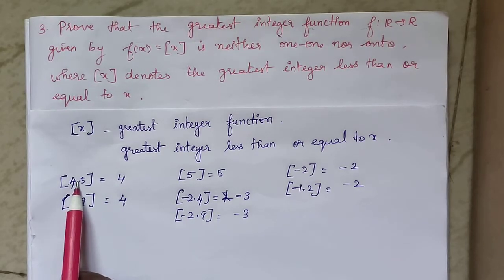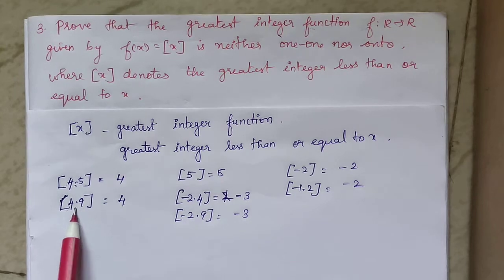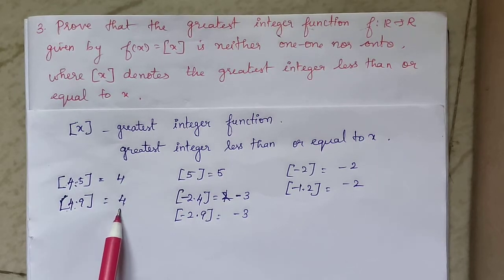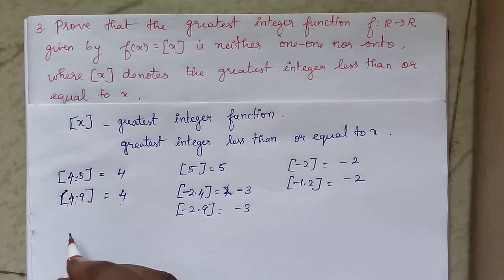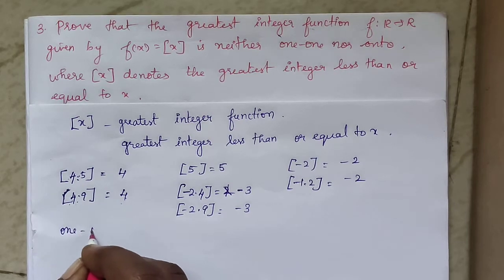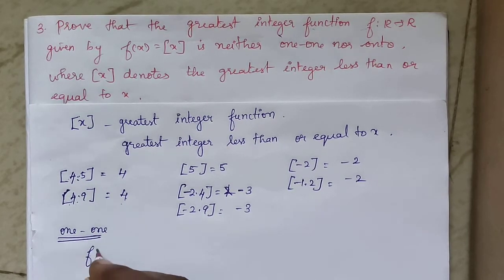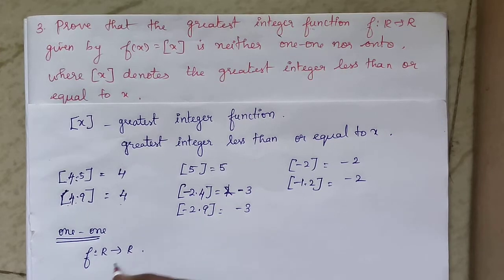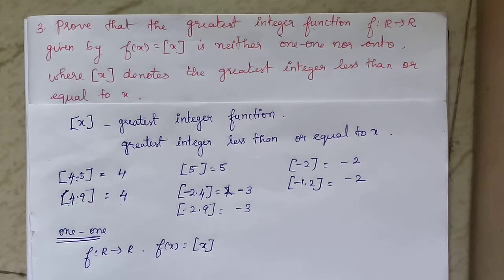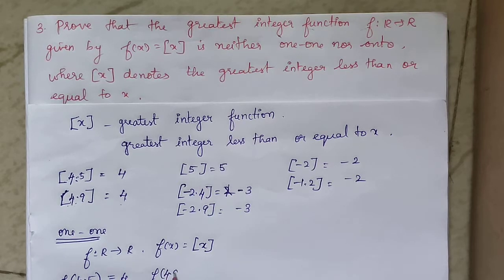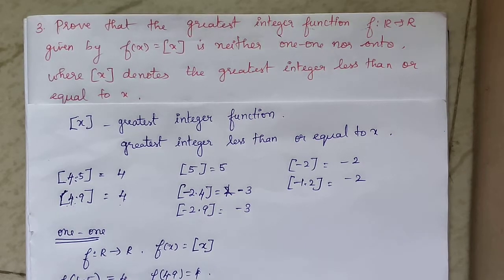f(x1), f(x2), these two values are leading to 4, but the x1 value and x2 value are not the same. So to prove that it is not one-one: given is f from R to R, a function defined as f(x) = [x]. Now let us take the same example. f(4.5) is equal to 4. f(4.9) is also equal to 4.